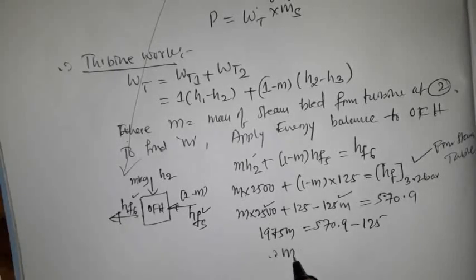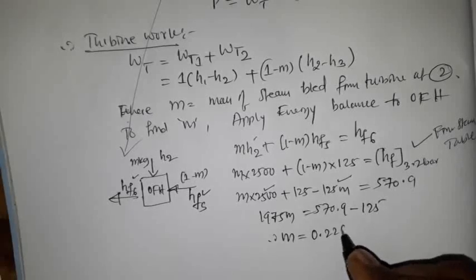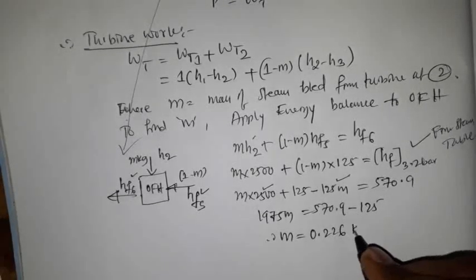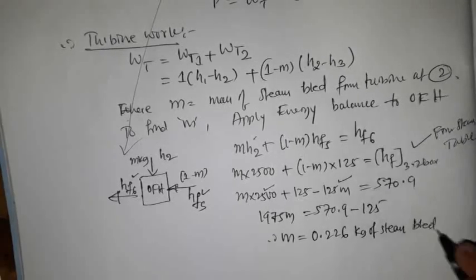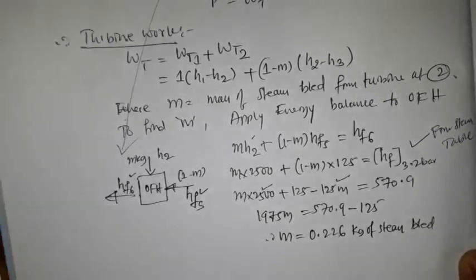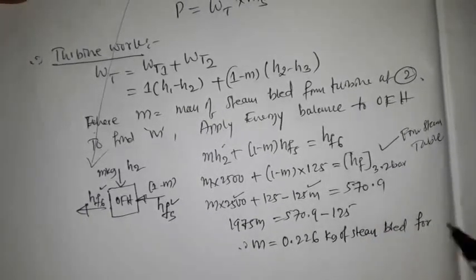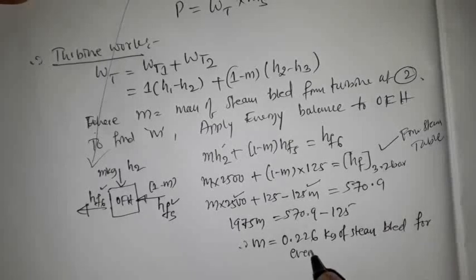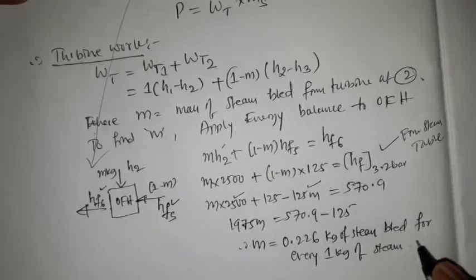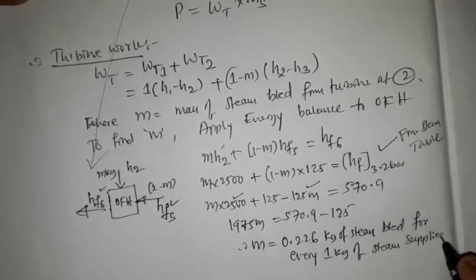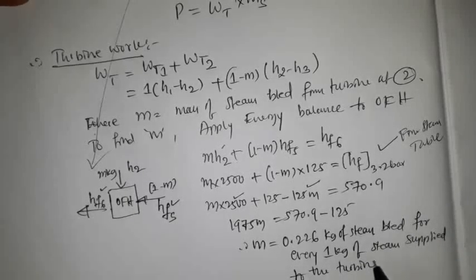Therefore M, if I operate the calculator, I get 0.226 kg of steam bled for every 1 kg of steam supplied to the turbine.